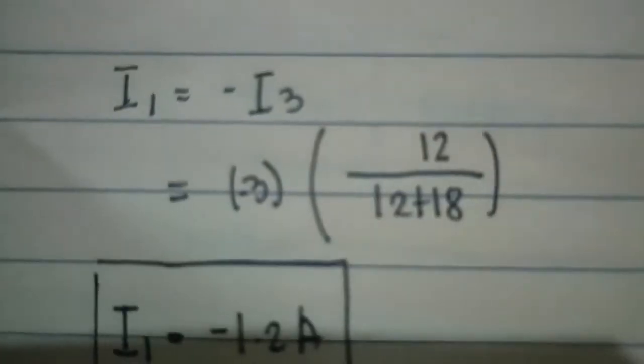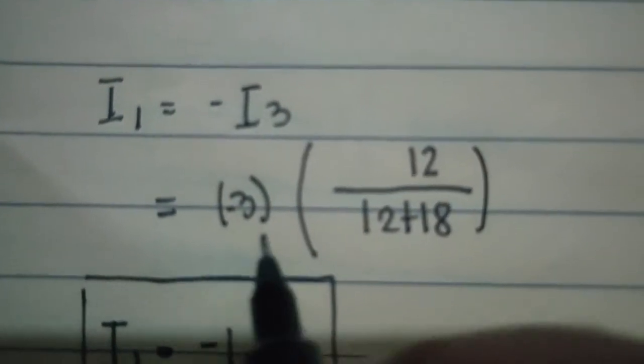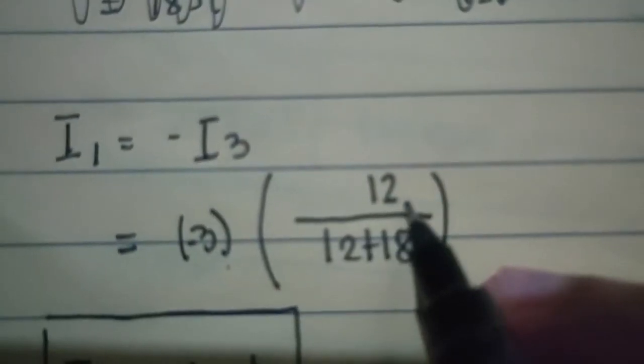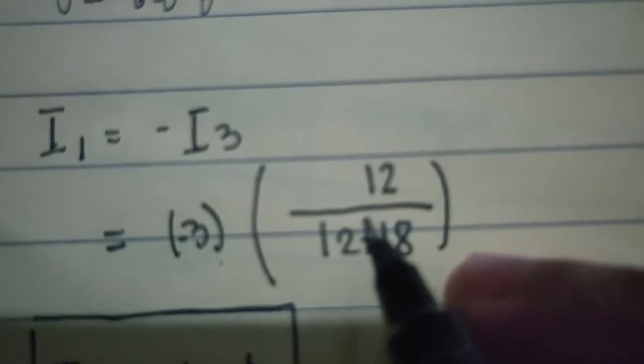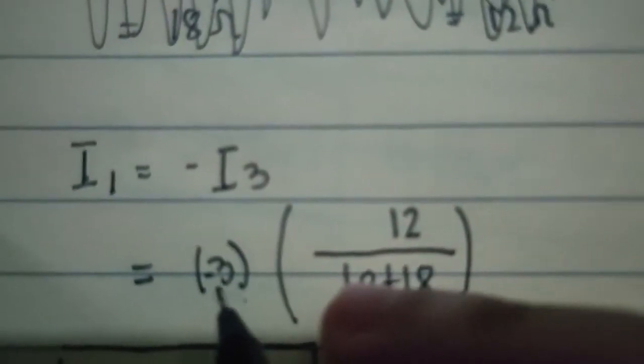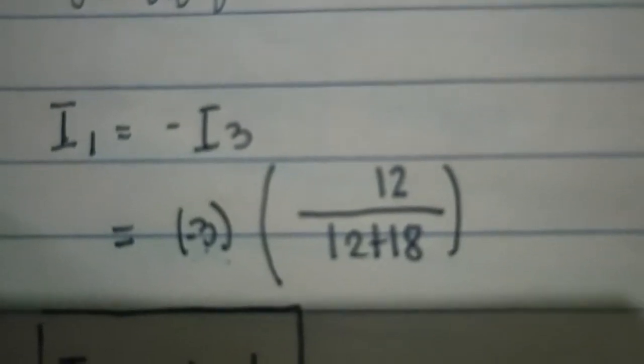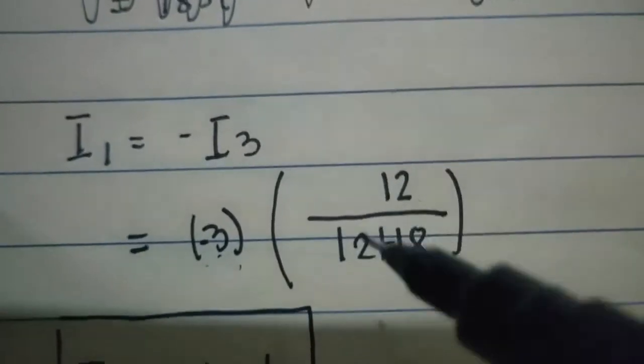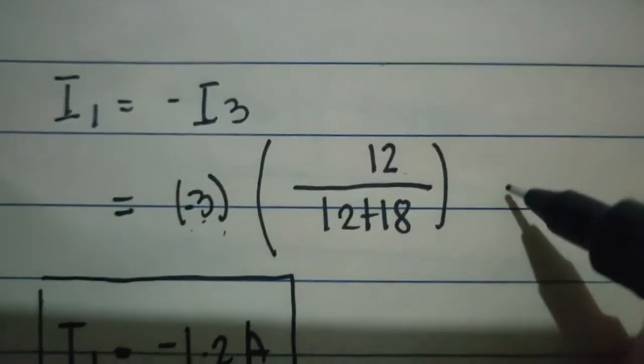So applying current division, I1 is equal to negative I3. So negative 3 over 12. Negative I3 times 12 over 12 plus 18 rather. So this is our solution.